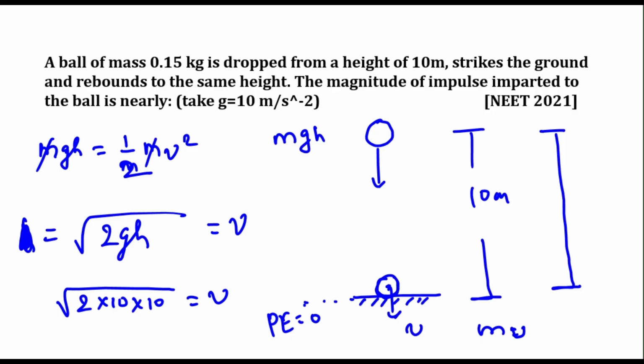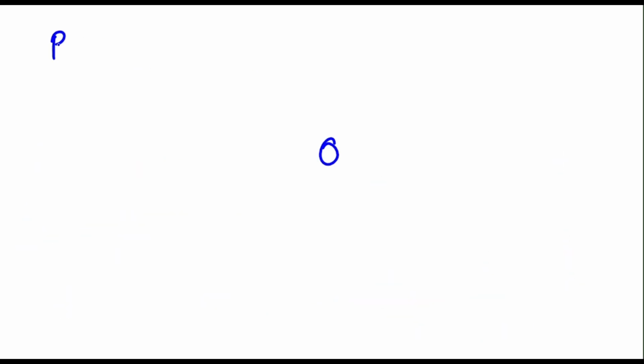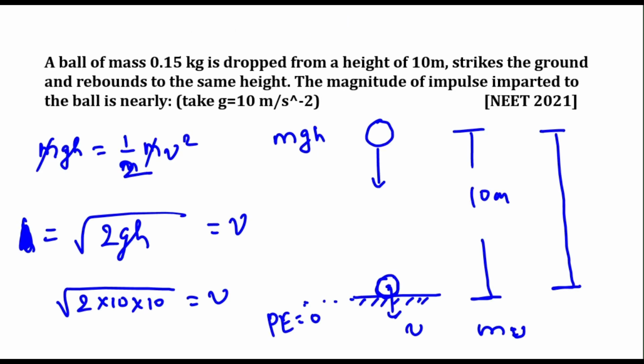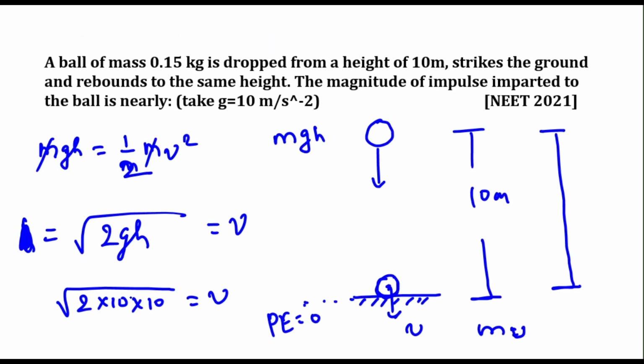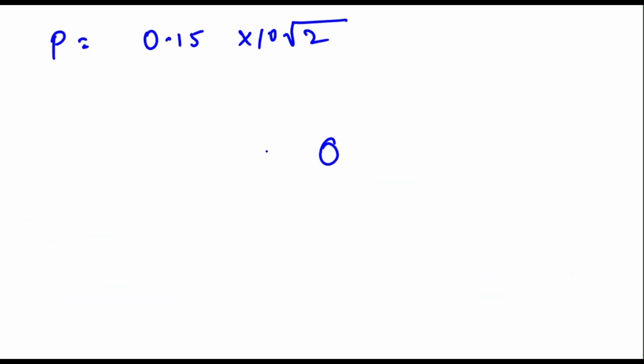When this ball is hitting the ground, this will be 0.1 times the square root of 10 times 10 times 2. Here we have 10 into 10, so the square root of this term will be 10. So finally the velocity is 10 root 2 and the momentum is this much.